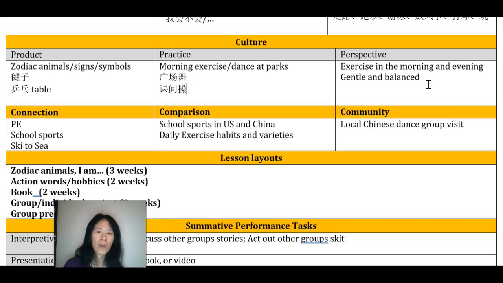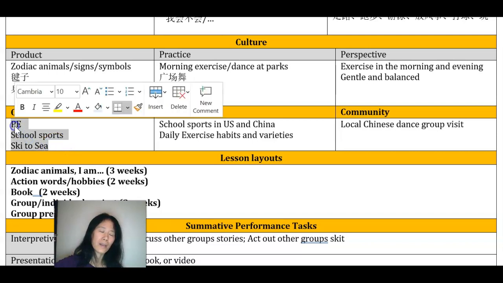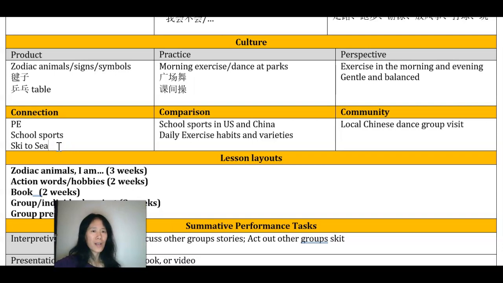I hope those will come up, or students will eventually come to some of this understanding in our discussions. And connections, so the other C's: connection to PE, school sports, and in our town there's a huge event called Ski to Sea.